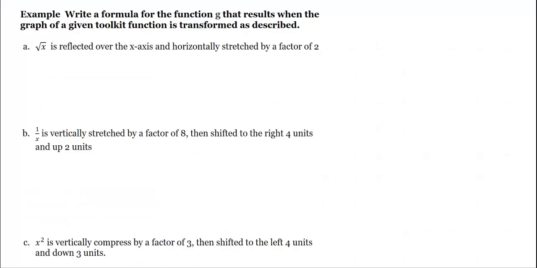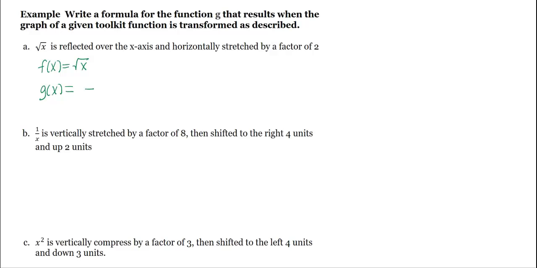Now we'll go in the opposite direction by having a set of directions, and we're going to write down what the function looks like. For the first example, we're going to start with a base graph of square root of x. And for our new graph, g, we want to reflect the original over the x-axis.